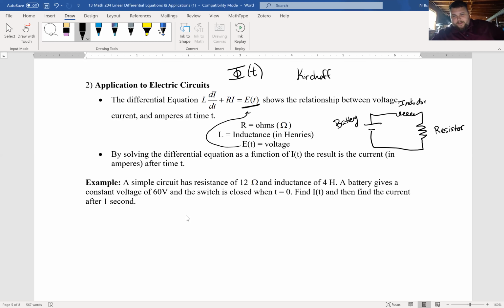So you've got this battery here that's got some voltage. You've got an inductor, which is in henries, and the inductor is represented by an L, again because we already have I for current, and the resistor is represented by R. So we put E here.